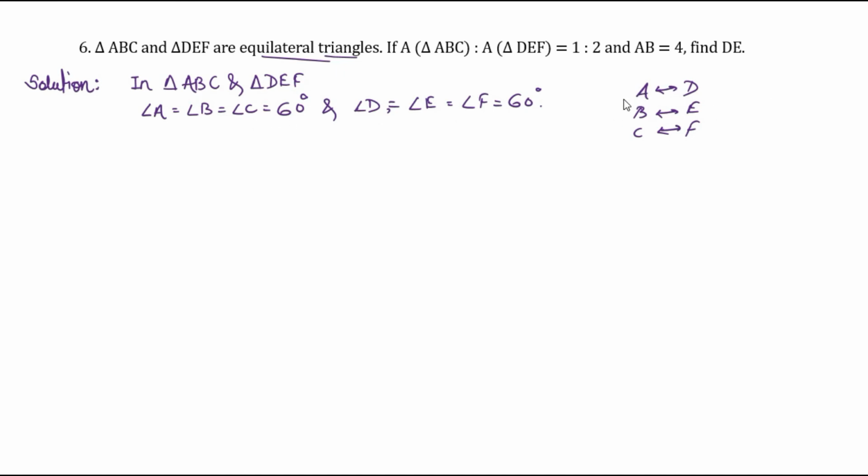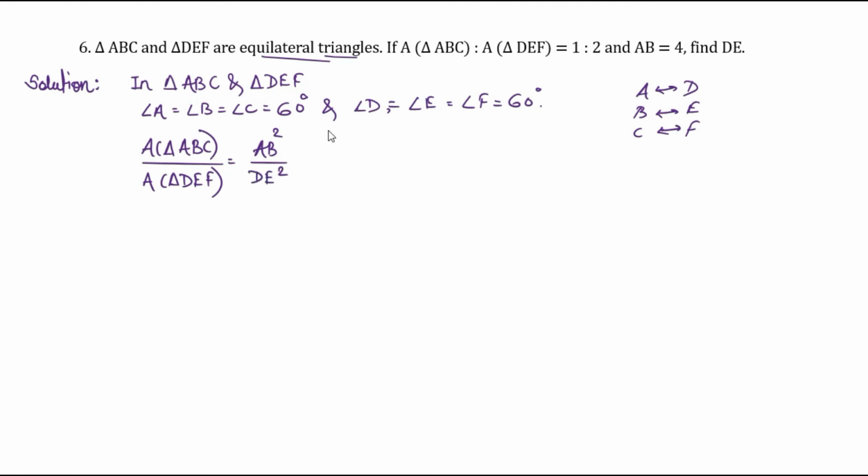So we can first of all take the one-to-one correspondence. Now we have to take the ratio of these two triangles, which is already given as 1 by 2, and AB is given. So I can take AB, then I have to find DE. Like that my plan is. So the area of triangle ABC upon the area of triangle DEF is equal to AB square upon DE square.